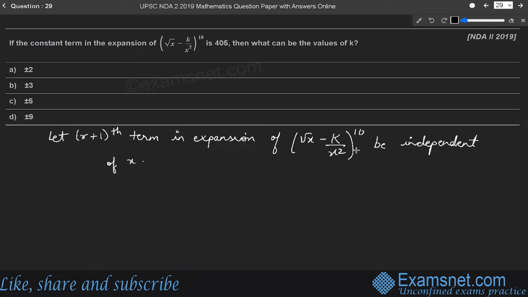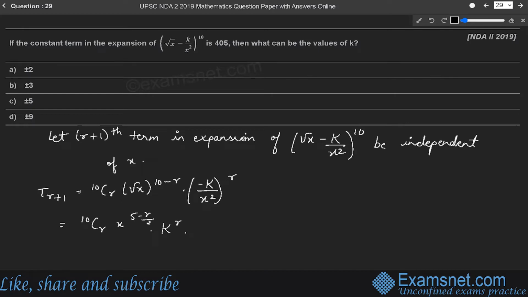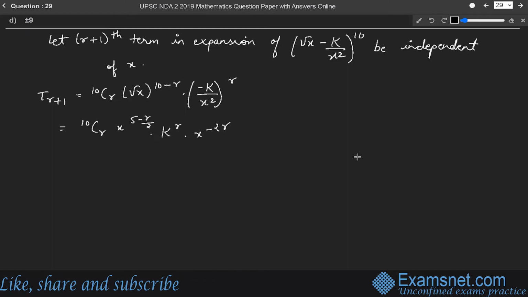Now T(r+1) will be equal to 10Cr (√x)^(10−r) into (−k/x²)^r. So it will be equal to 10Cr into x^((10−r)/2) into k^r into x^(−2r).